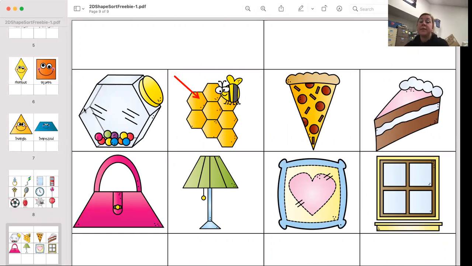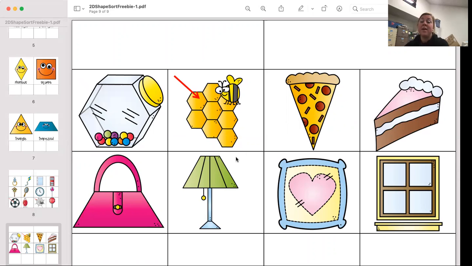So now we're going to count sides again. So we have 1, 2, 3, 4, 5, 6 sides. 6 sides is a hexagon. That's right. And then here's a beehive, and we're going to count the sides on this little comb. So we have 1, 2, 3, 4, 5, 6.